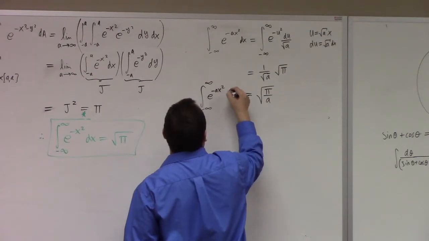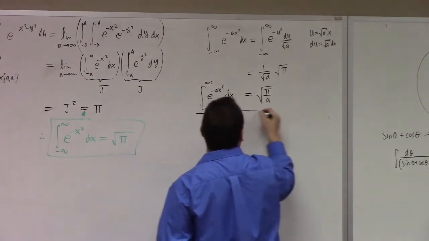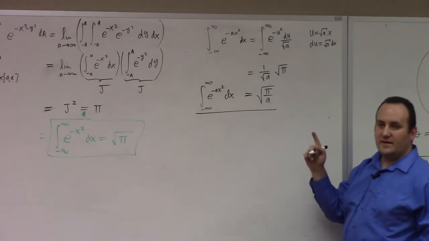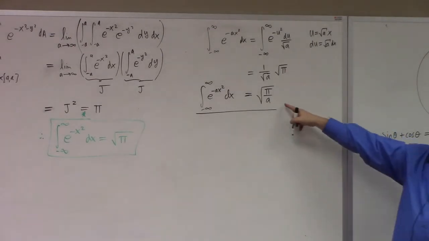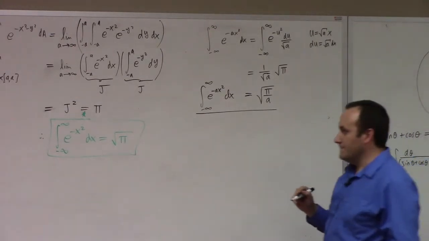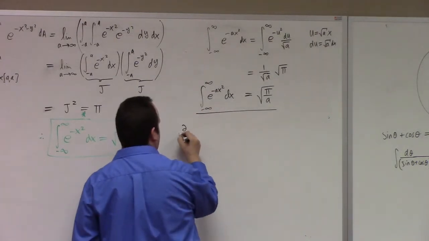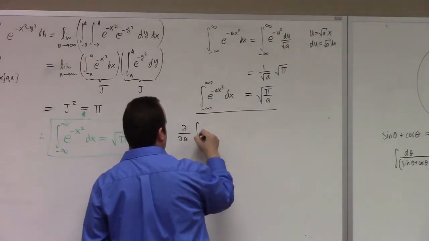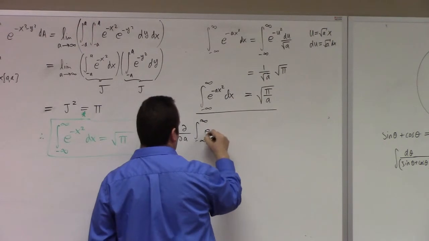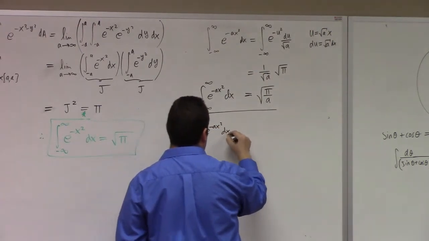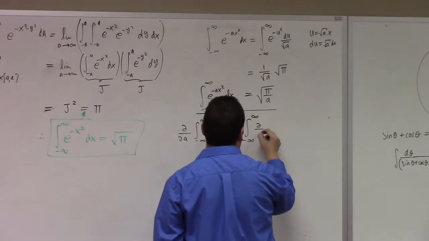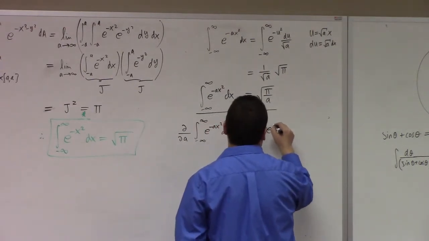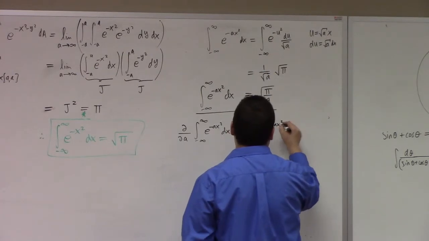Now I want to do something that's going to blow your mind a little bit. You can differentiate this expression with respect to a. What happens if you take the derivative of this formula with respect to a? Assume that you can pull the derivative inside the integral. Seems reasonable, right? A and x have no dependence.